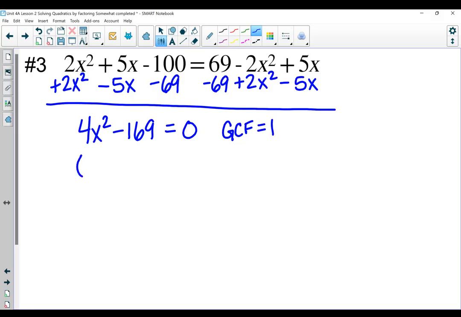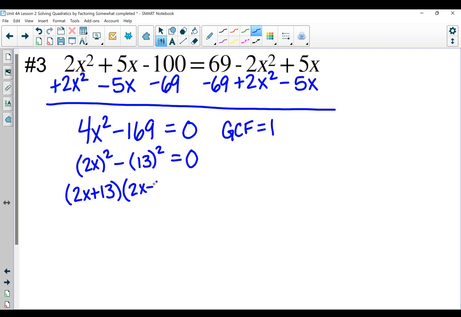In order to write this as a squared minus b squared, I'm going to say that 4x squared is equal to 2x all squared, minus 169 is 13 squared. So I have my a squared minus b squared form, which results in the factored form of 2x plus 13, 2x minus 13, a plus b times a minus b.